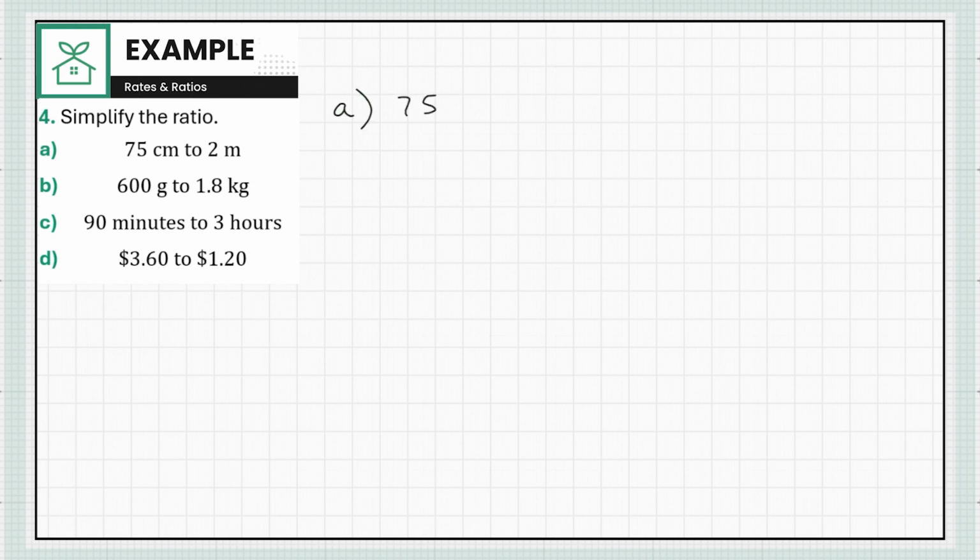We have 75 centimeters to 2 meters. So this is 75 to 200 in centimeters. Okay, now that we're all in the same units, we can look to simplify this using the highest common factor. And the highest common factor between these two is going to be 25. 25 times 3 is 75, and 25 times 8 is going to be 200.